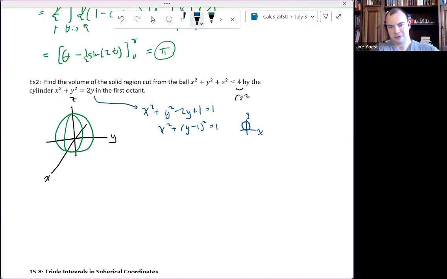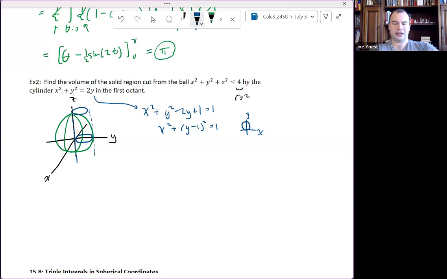So I have what amounts to a circle kind of like this that's cutting down through the sphere. So in the xy plane, it's going to cut out a whole chunk of the sphere.